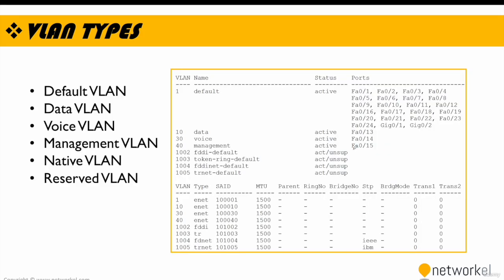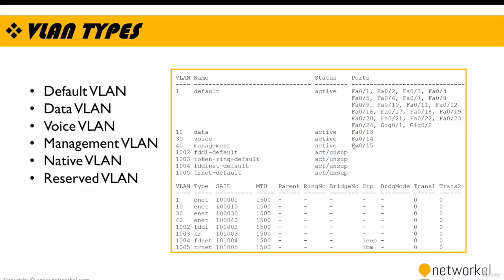Let's continue with the types of VLANs. There are basically six types of VLANs: default, data, voice, management, native, and reserved VLAN. The default VLAN is where all ports belong by default. This is technically VLAN 1 for Cisco switches, and it cannot be deleted from the switch.